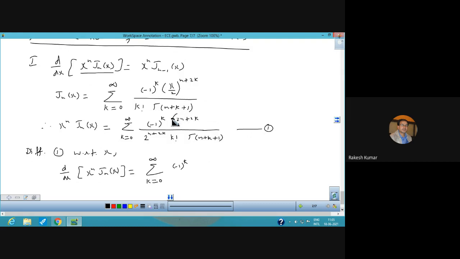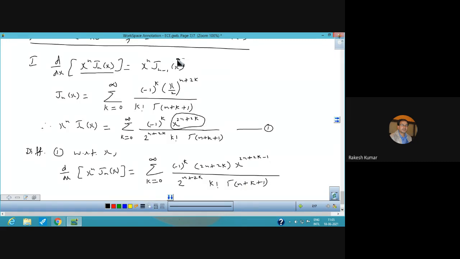The derivative of this term we need to find because this is the only term which contains x. So (2n+2k) x^(2n+2k-1), divided by 2^(n+2k) k factorial gamma(n plus k plus 1). This is after finding the derivative.